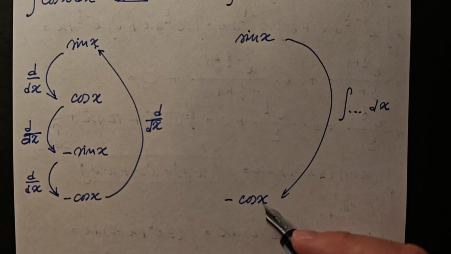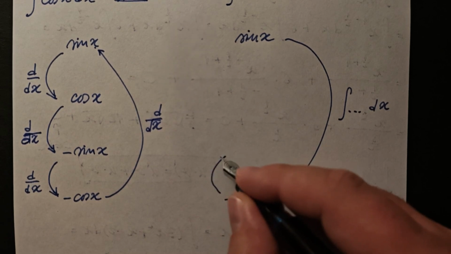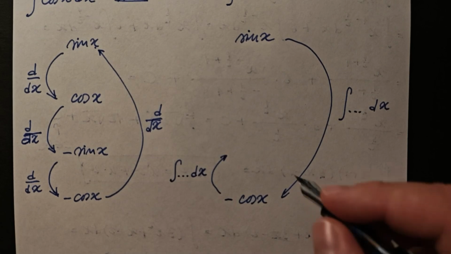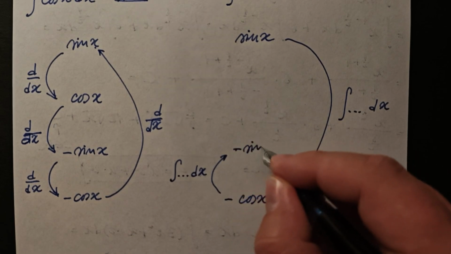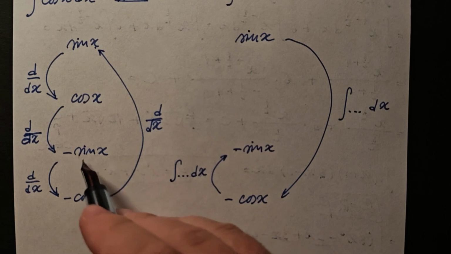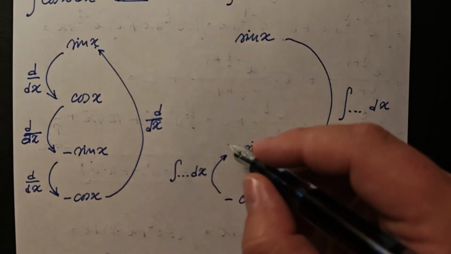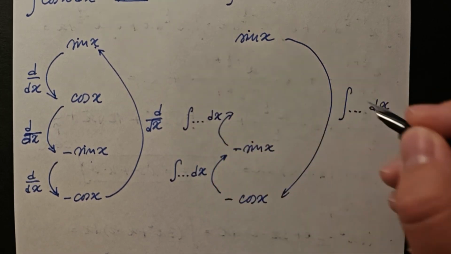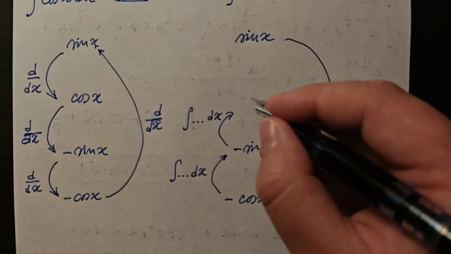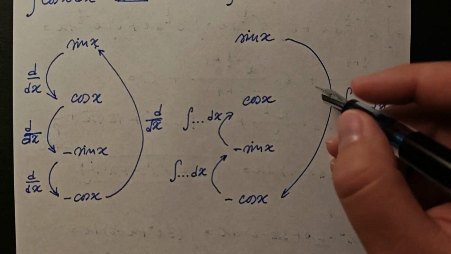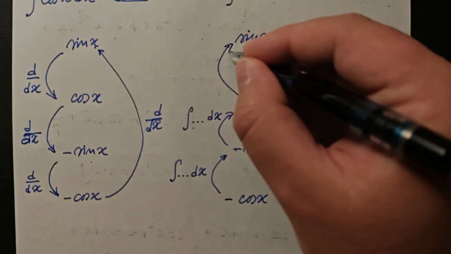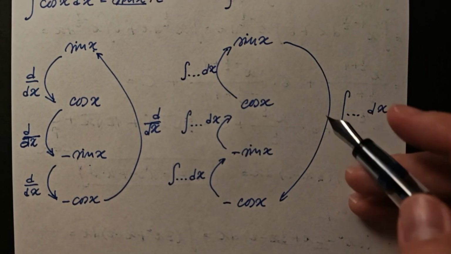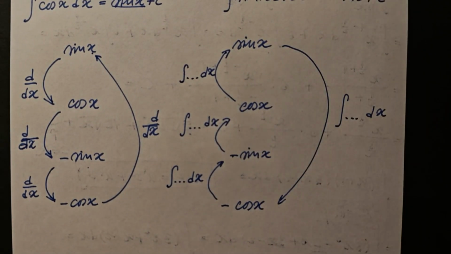And when you take negative cosine of x and integrate that with respect to the x variable, you will get negative sine of x, which you had here. If you take an integral one more time with respect to the x variable, you will get cosine of x. And guess what? If you take that integral again, you will return to sine of x.